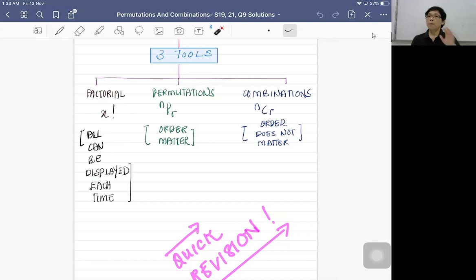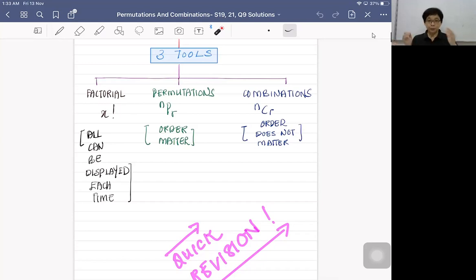But out of the 8, you do not have the liberty to pick all 8. Out of the 8 choices, you can only pick r items each time. For example, if r equals 3, that means out of the 8 choices, each time you can only take 3 at one time. That's called limited choices.